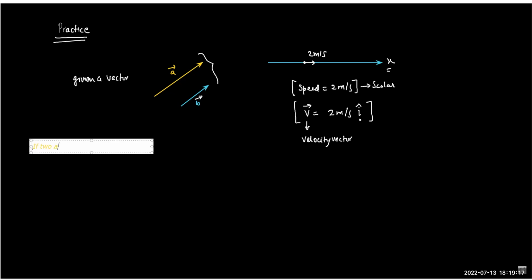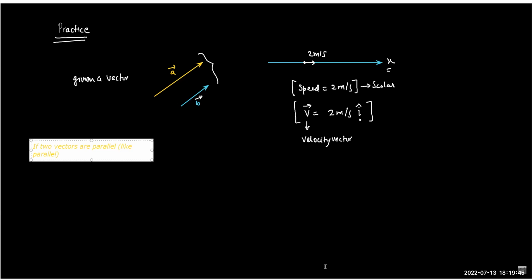If two vectors are parallel, tell me guys, what will be the same for both? The direction. Exactly.